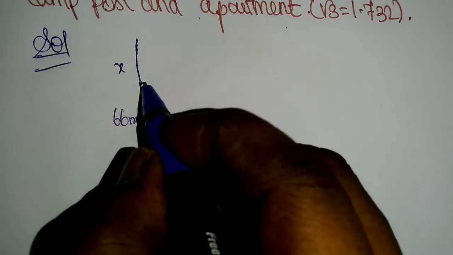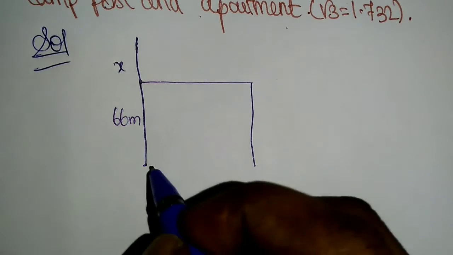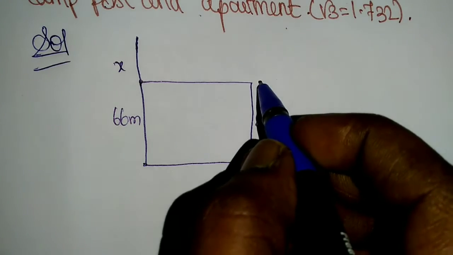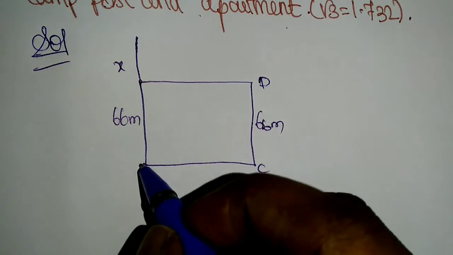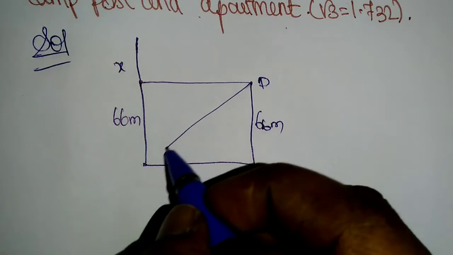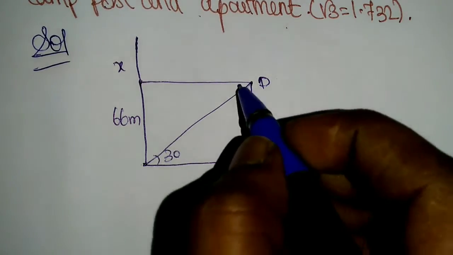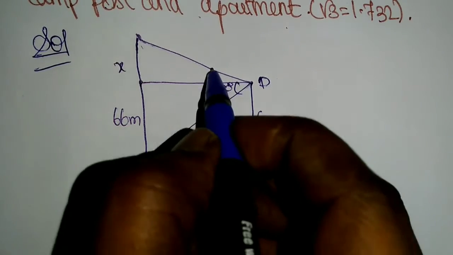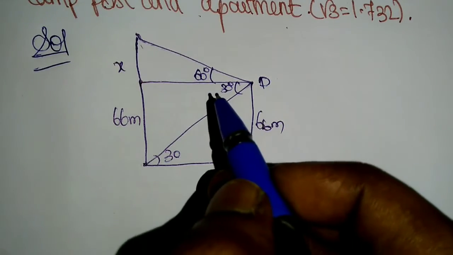Okay. So the height of the apartment is 66 meter. It is CD and it has an angle of depression of 30 degree and the angle of elevation is 60 degree.